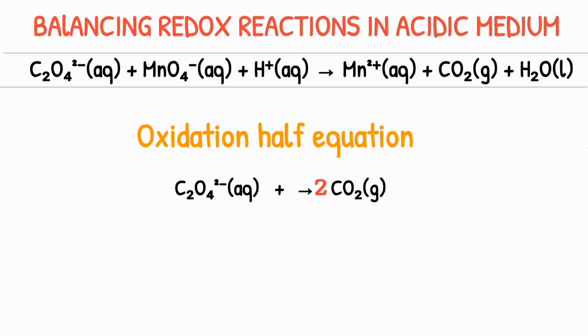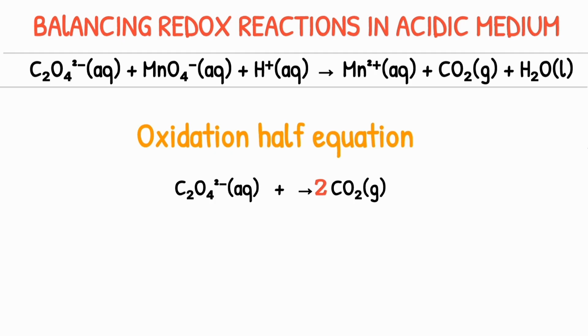I would like us to balance the charges by using the oxidation numbers of carbon in oxalate and in carbon dioxide. Remember that the oxidation number of carbon in oxalate was +3, and now we have 2 carbon atoms. So we multiply the oxidation number by 2, and that gives us +6.